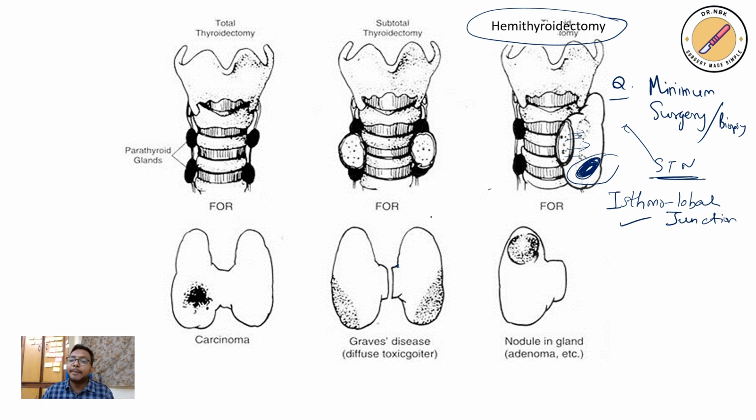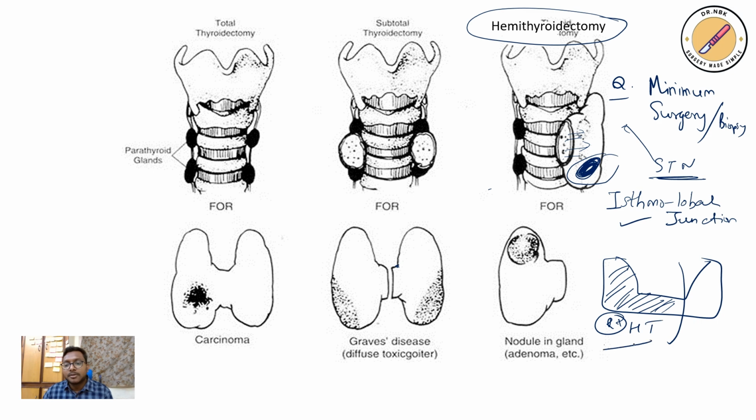That is why in hemithyroidectomy we will be removing one entire lobe which is pathological and also the complete isthmus. So this is right hemithyroidectomy. That is the explanation why hemithyroidectomy is the minimum surgery or biopsy.